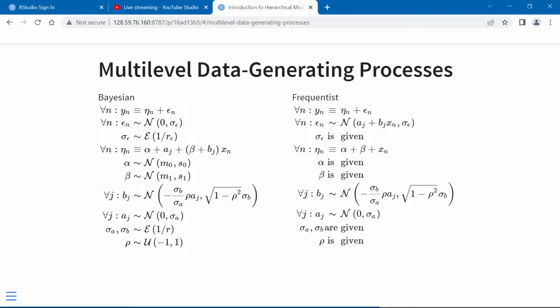But from a Bayesian perspective, there's kind of only one estimator, the posterior distribution, and we can know the properties of that theoretically. The Bayesian estimator is conditional on the data that you have. Frequentist probability pertains to the distribution of the estimator across all possible data sets that you could have.